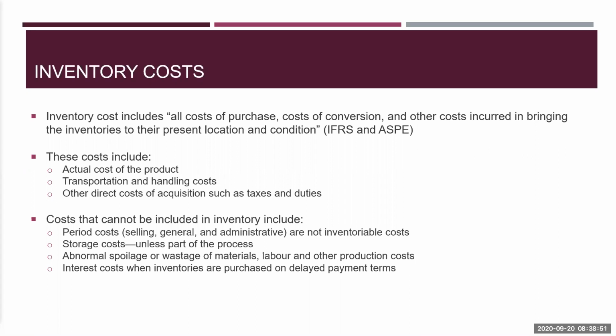So in that case, it could become part of the cost of inventory, but not in general cases. So any abnormal spoilage, wastage of hours, labor, material, all of that production cost is excluded. Any interest cost when the inventories are purchased on delayed payment terms are also excluded.